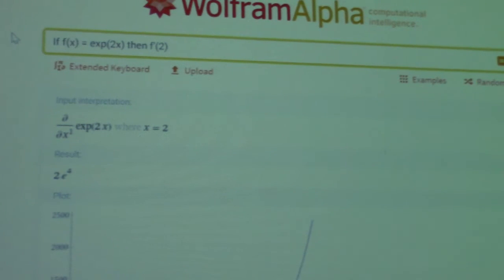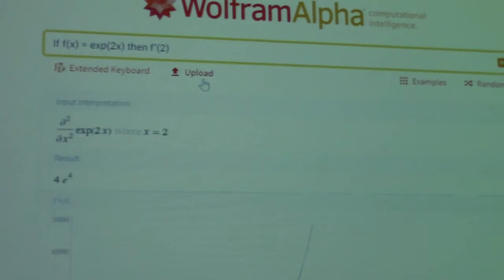I say if f of x equals exponential 2x, then f prime of 2 is what? Well, it's 2e to the 4th. See that? And then I can check out f double prime by just going like that. There it is. And I can try the third derivative like this.